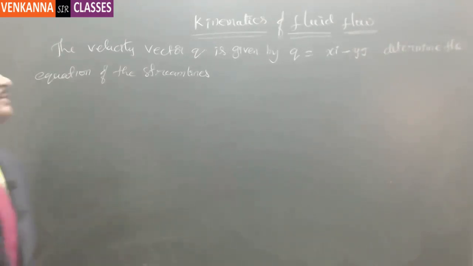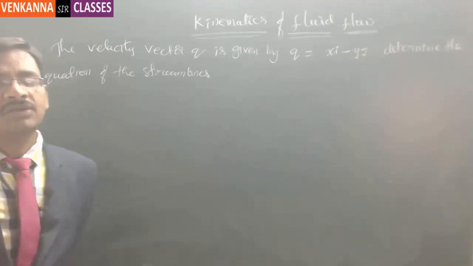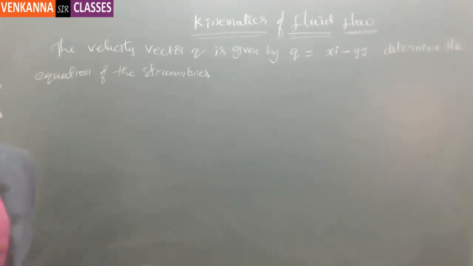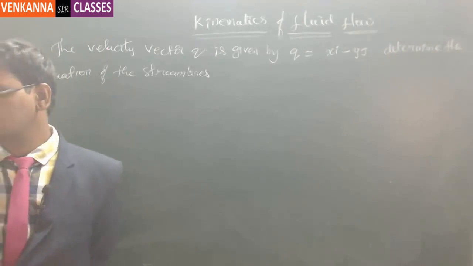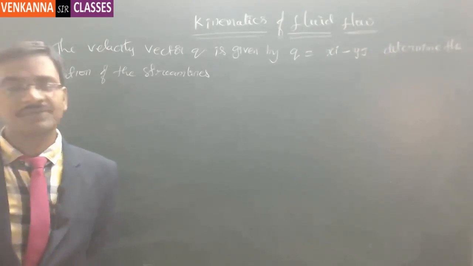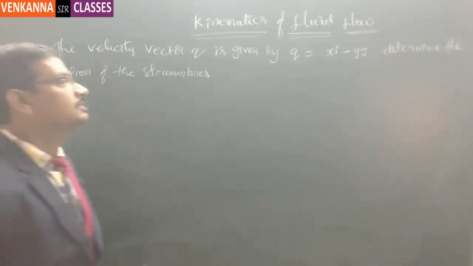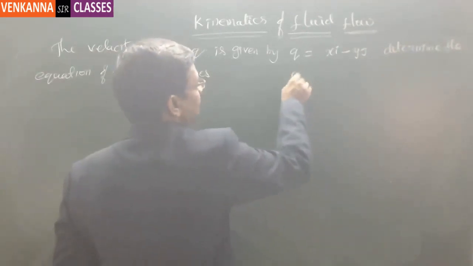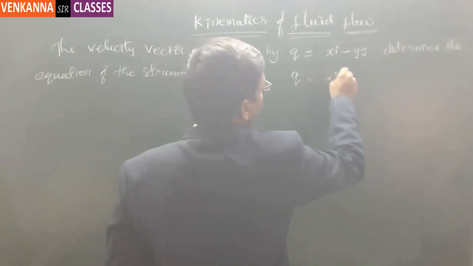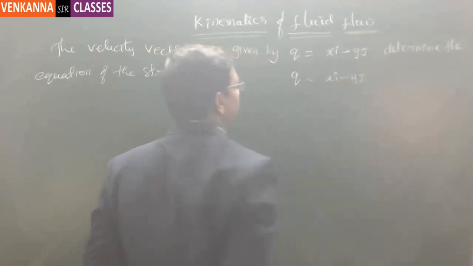I hope you have got a fair idea on the streamlines. I have derived the equation or the methodology yesterday. Equation of the streamlines is straightforward. So q is equal to xi minus yj, right?